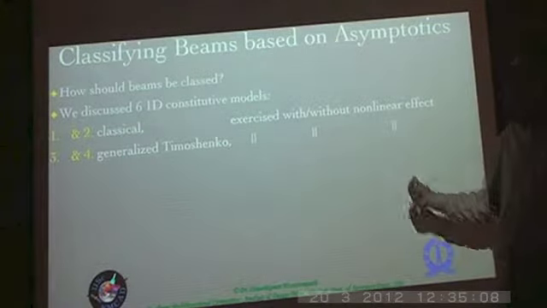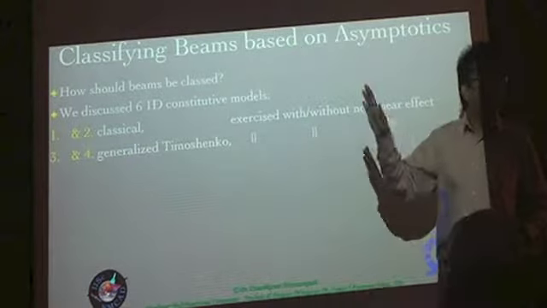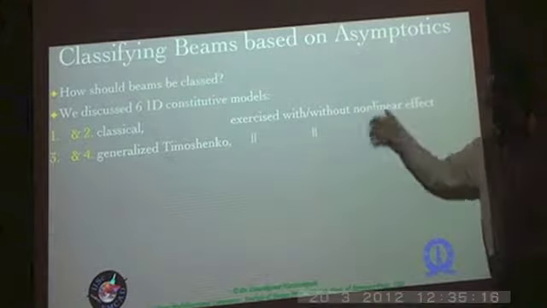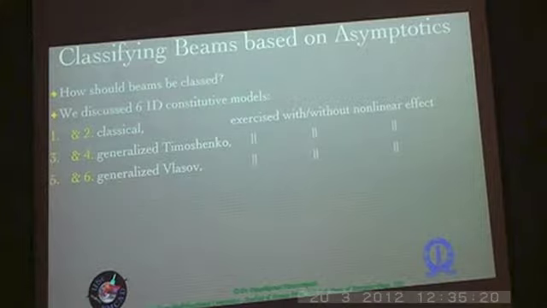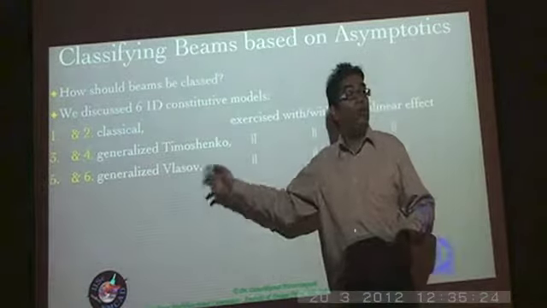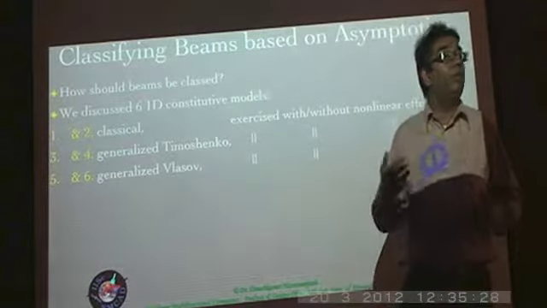The case where you want to have the generalized Timoshenko along with the nonlinear effect is very rare, hardly used. But strictly speaking, based on the models that we have studied, we have 6 different combinations which are possible. And then the 5th and 6th would be the generalized Vlasov, where the kappa 1 prime term, the restrained warping effect, will come into the picture.